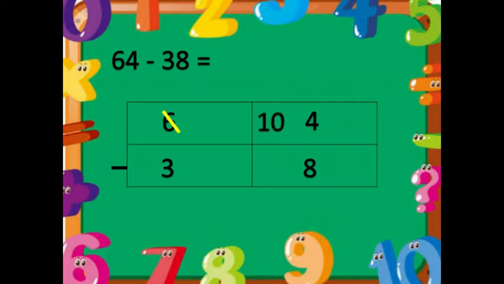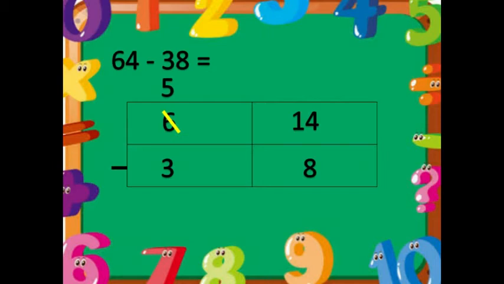So we have 10. We borrow 10 from 6. Next, we add 10 plus 4. 10 plus 4 is equal to 14. So 4 becomes 14. We borrowed 1 from 6, that's why 6 will become 5. So now let's start to subtract.